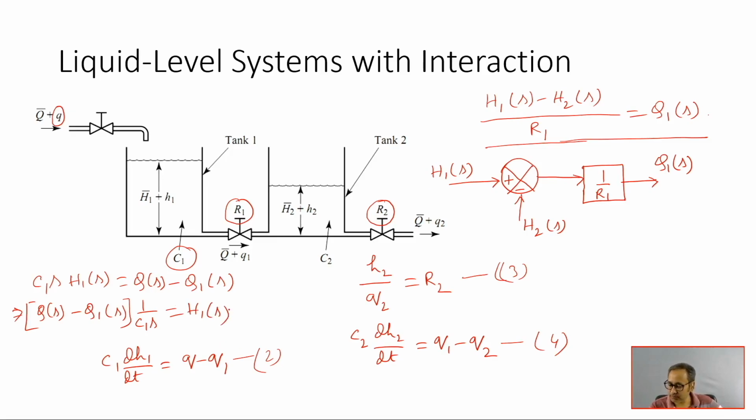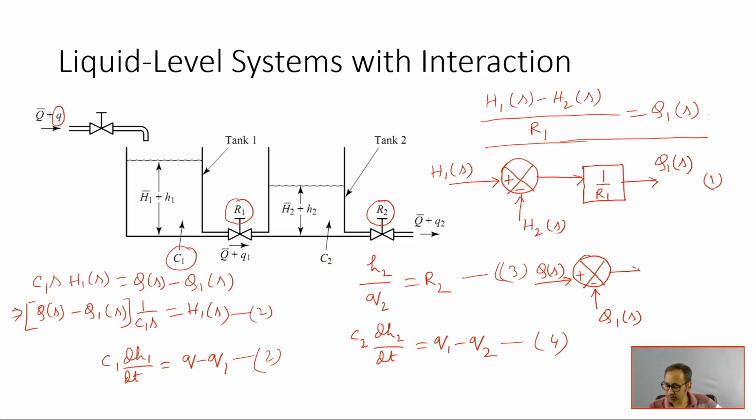So, what is the corresponding block diagram? Again I am drawing this block diagram. The earlier one corresponds to equation 1, and this I am drawing corresponding to equation 2. So, this is your Q(s), this is your Q1(s). Just follow this equation 2.